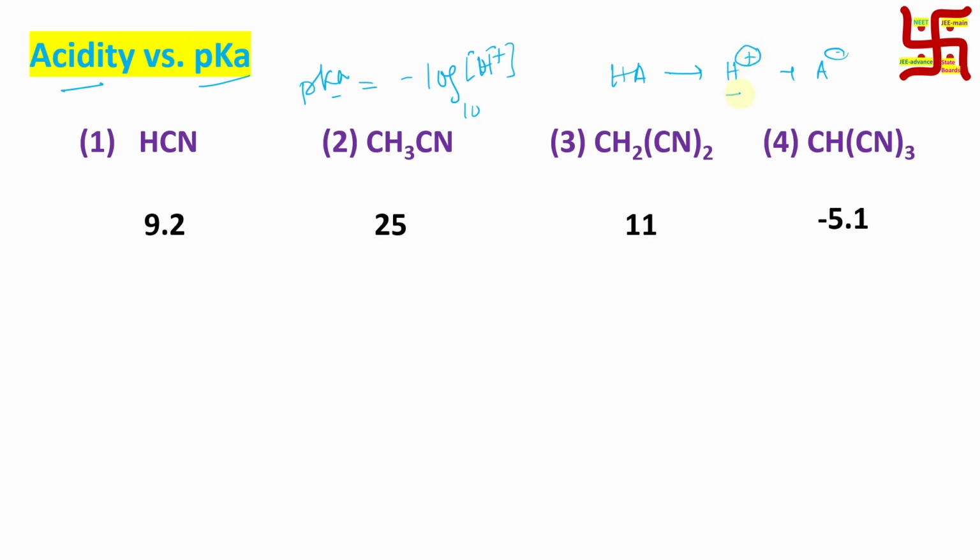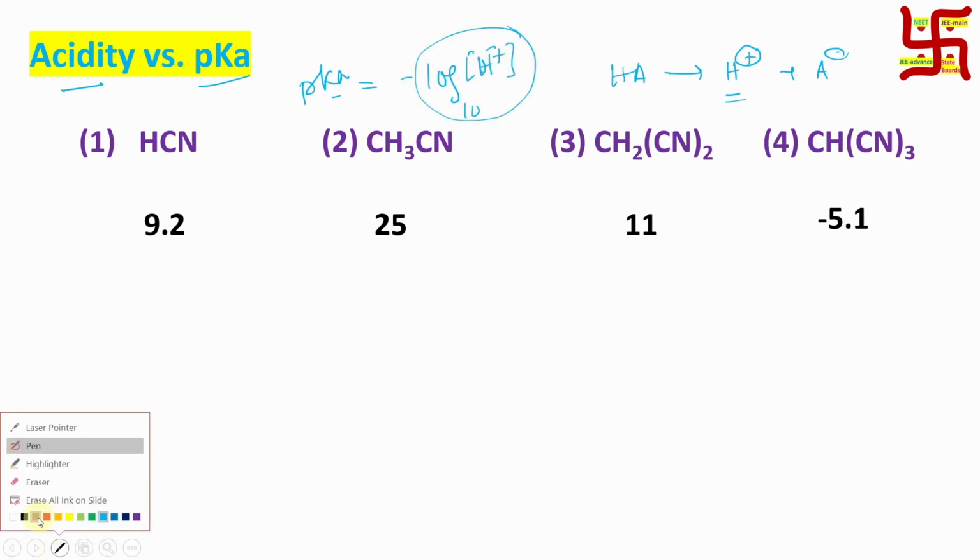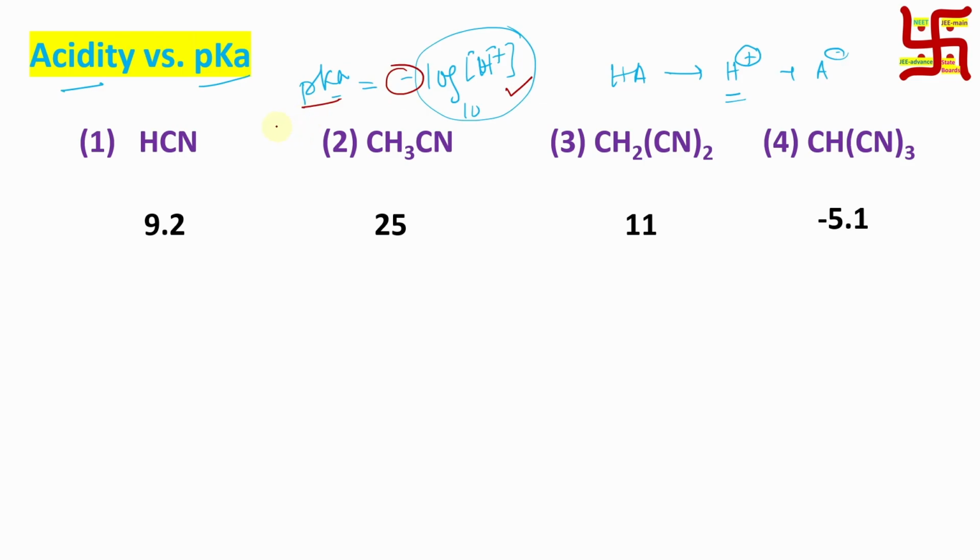If it is a strong acid, more H plus will be produced. If the H plus concentration is more, this log term will be bigger. If the log value is bigger, then pKa will be lesser, because there is a minus. So the simple rule: the stronger the acid, the lesser the pKa. Lower the pKa, stronger the acid. So higher acidity is reflected by lower pKa.